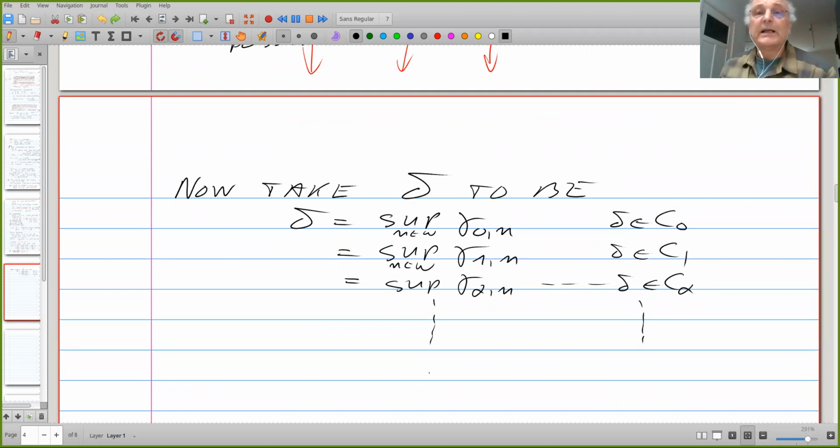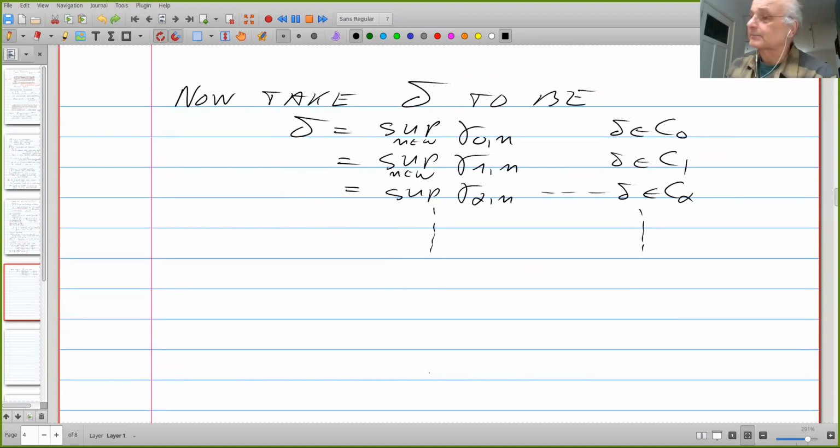And so the family of closed unbounded sets is apparently closed under intersections of fewer than kappa many sets, which is a pretty strong property.